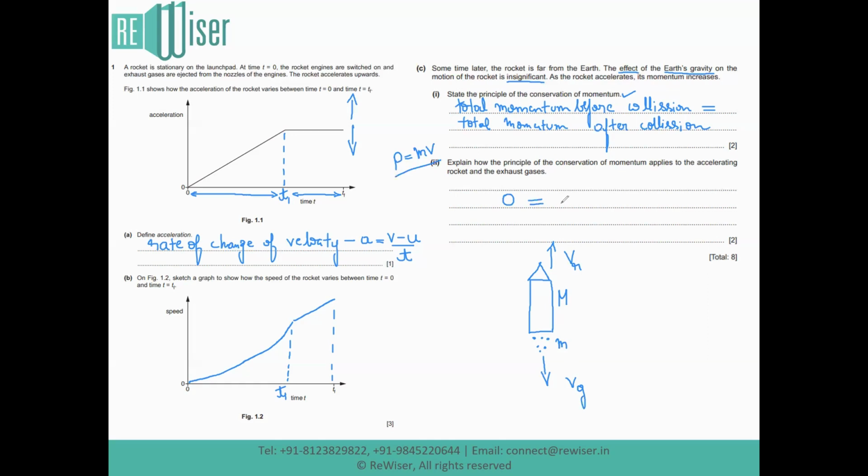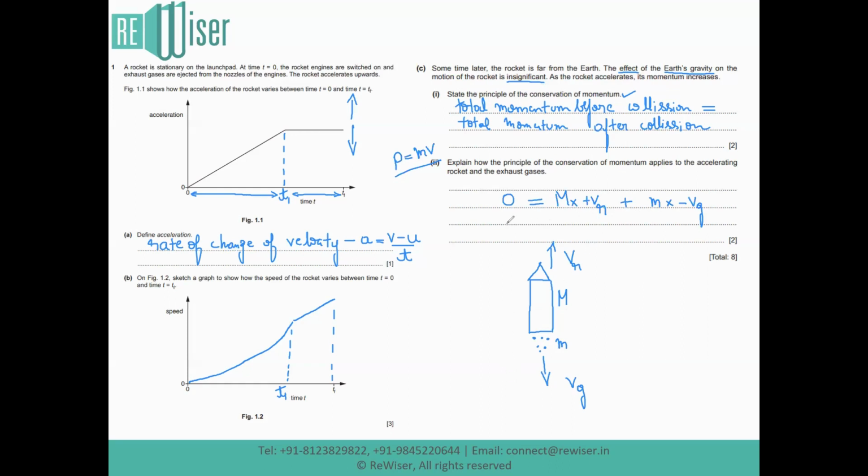So the momentum becomes capital M into plus vr plus mass of the gases into minus vg. The reason I'm writing a minus sign is because velocity is a vector, and a velocity vector directed upwards is positive, while one directed downwards is negative.